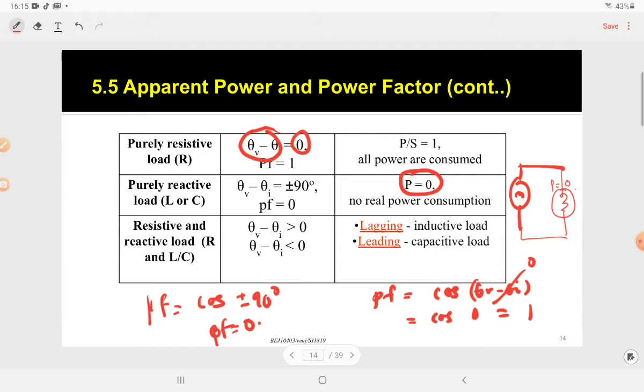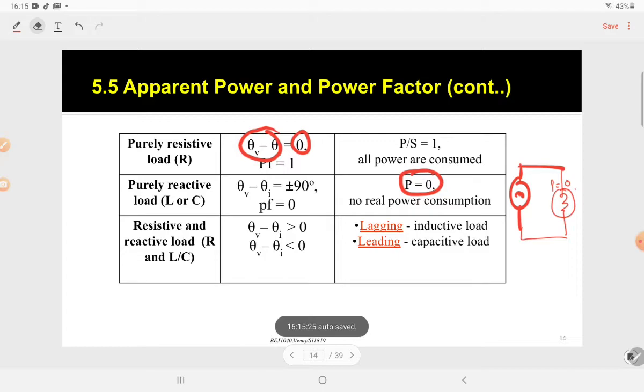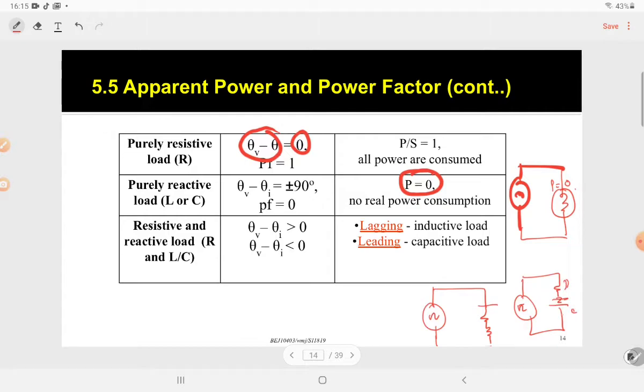And the last one is when the load is resistive and reactive. Let's say you have a supply, and the load consists of a resistor and an inductor, or a resistor and also a capacitor, so RL or RC. Therefore the value of theta V minus theta I will be either larger than 0 or less than 0.